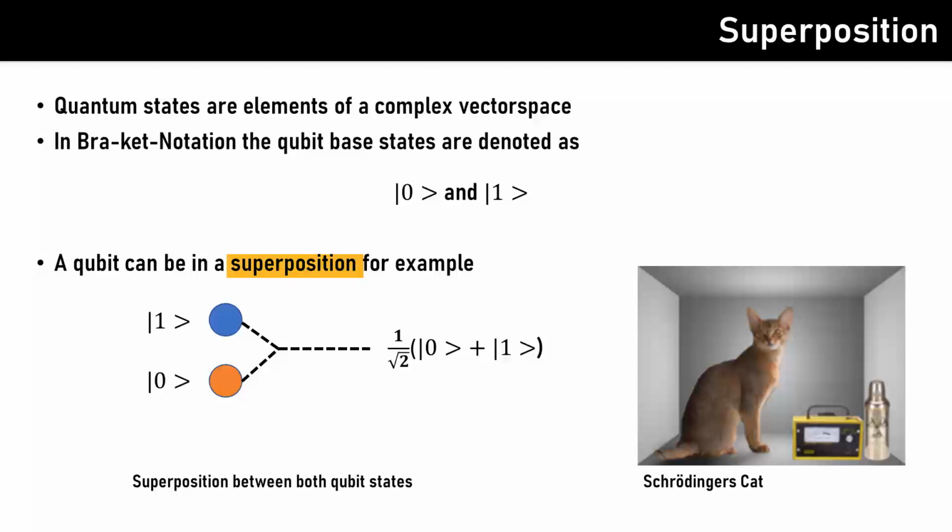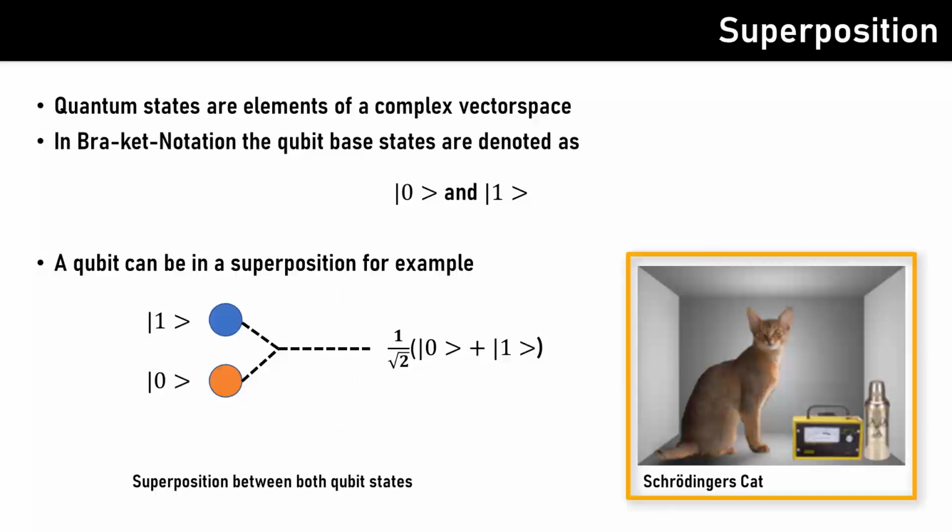This means a qubit cannot only be either in state ket 0 or ket 1 exclusively, but also in states in between. The physicist Erwin Schrödinger illustrated this phenomenon in his thought experiment called Schrödinger's cat. In this experiment, a cat in a closed box together with a poisoned apparatus is neither dead nor alive as long as someone doesn't open up the box and look.